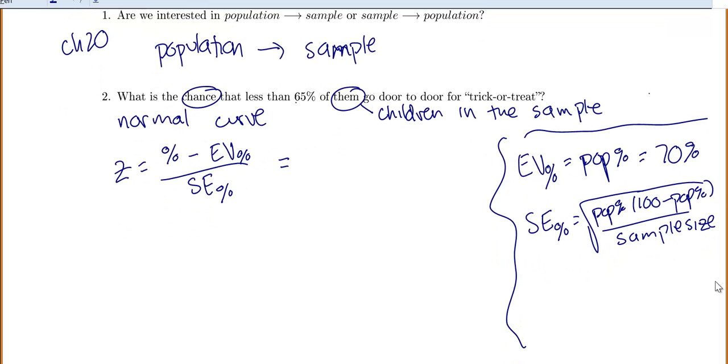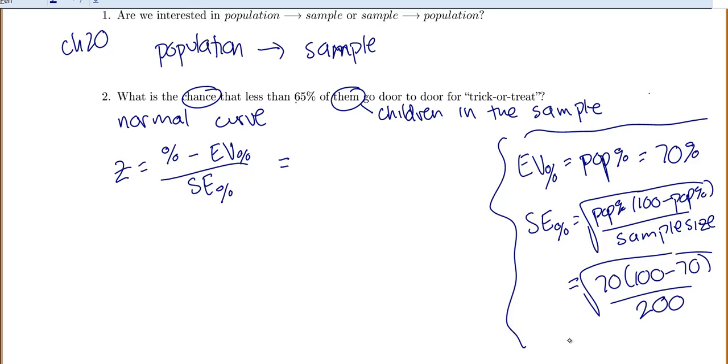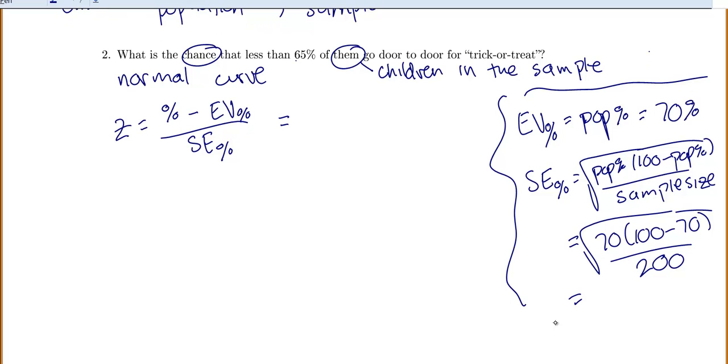In this situation, we actually do know the population percentage, so I can figure this out exactly. It's 70 times 100 minus 70, over my sample size. How many people did we look at? 200 people. So this gives me 3.24%. Make sure you can get that 3.24%.